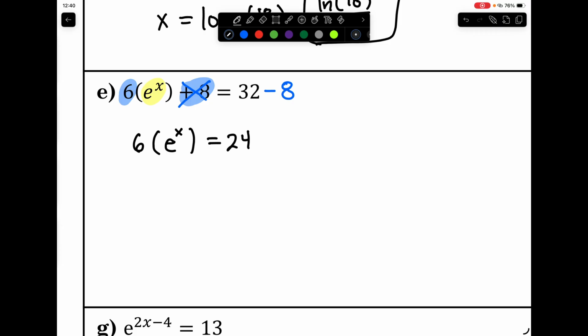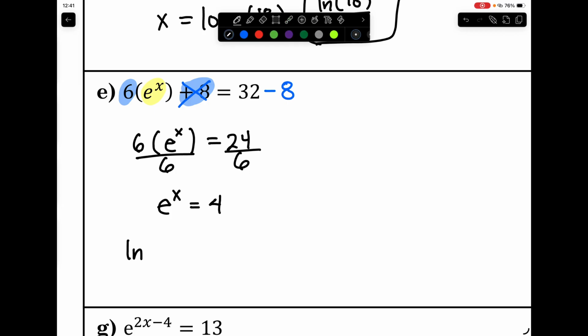Now we can apply the step that we did in the previous two examples and move the 6 to the other side by getting the reciprocal of it and dividing. So we're going to divide by 6, and e to the power of x equals, well, that's 4, okay? Now, since this is a natural exponential function, we're going to use the log of base e, which is ln, the natural log.